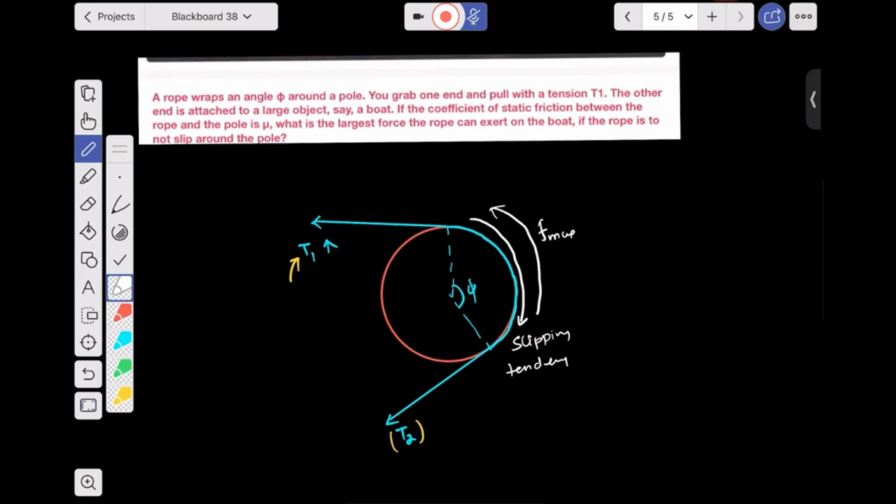But for friction force to come into picture, there must be some normal contact force. Correct. So how will we determine that? Since friction force is acting on this rope, the tension at every point on that rope will not be the same, even if I take the rope to be massless.